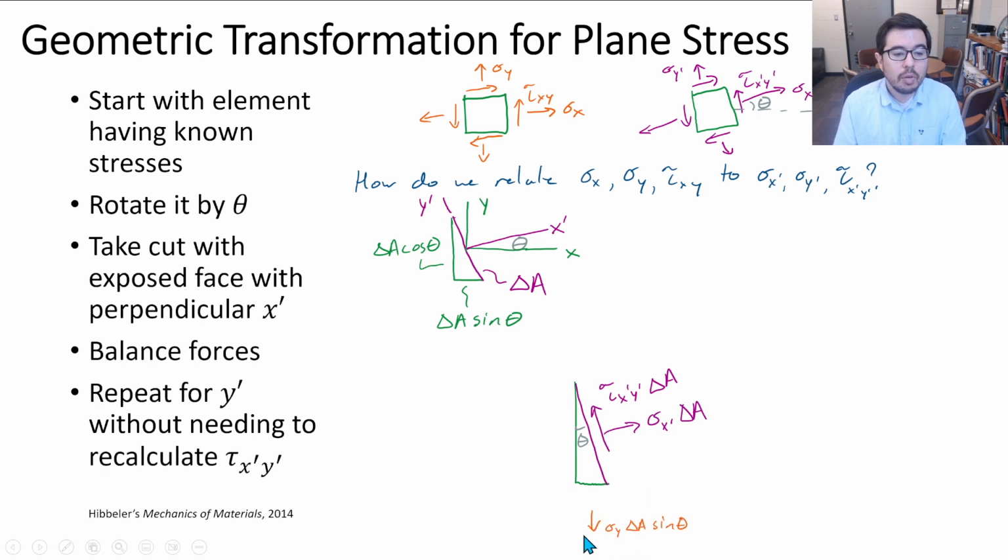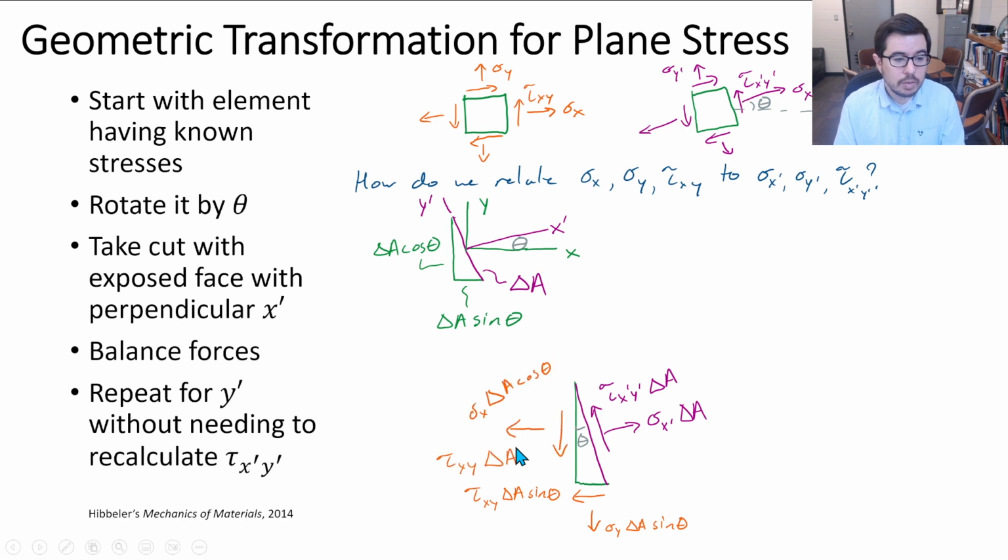And over here, this original sigma y, so sigma y is coming out of the top and the bottom. Out the bottom, it's acting on this delta A sine theta. And tau xy, which was over here, is also acting on the bottom.